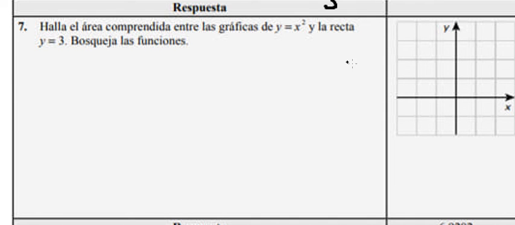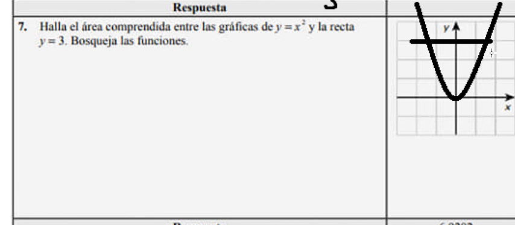Question number 7. So we need to draw y equal to x squared. That should be like this in here. And y equals 3. That should be in here. The area we need to find, that's this one.